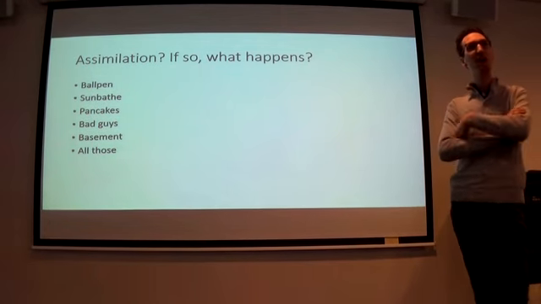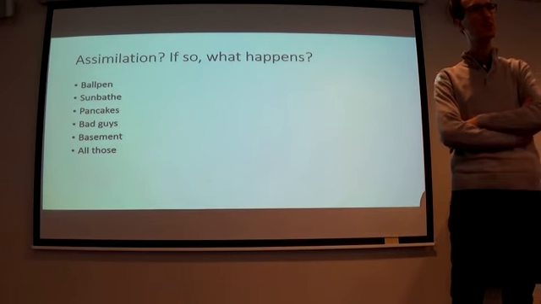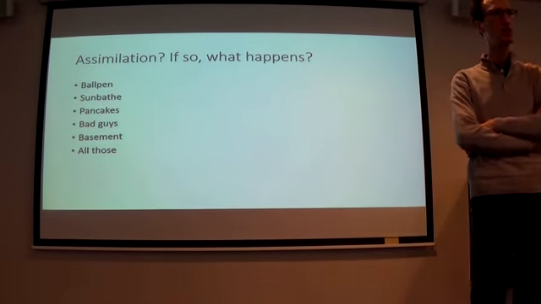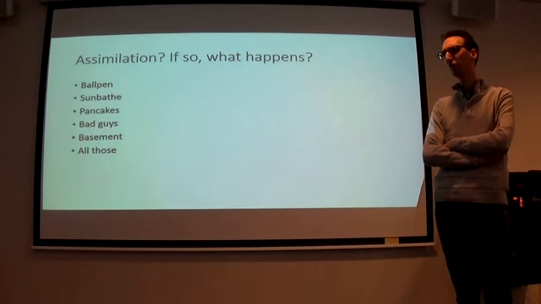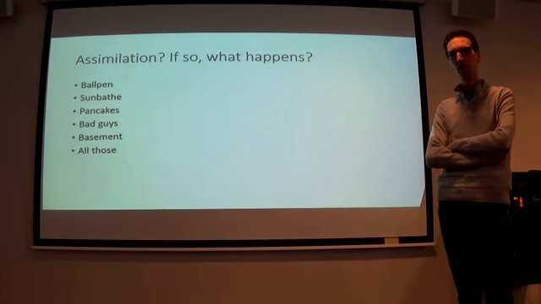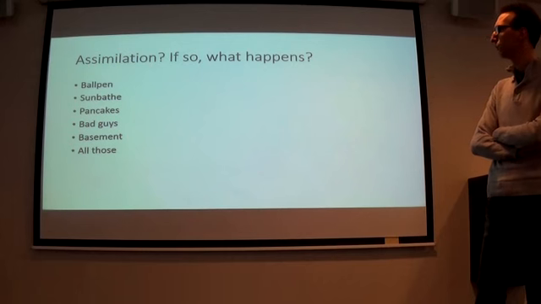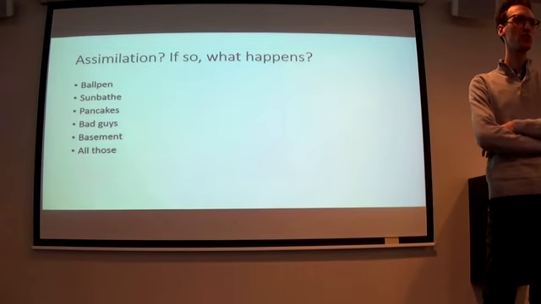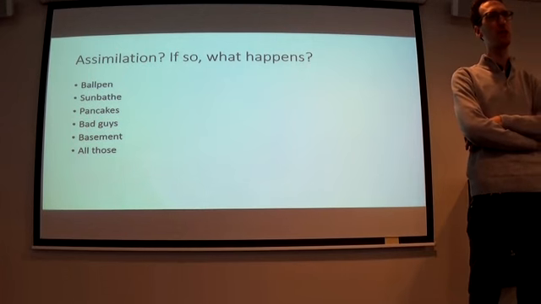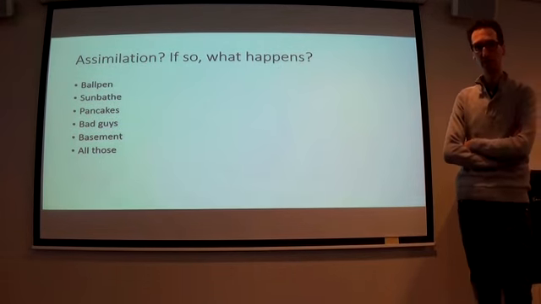But how do we identify assimilation? I'll come back to elision later on. We'll talk about assimilation first, because that's the most important part. Now here are a few words and phrases which either do have assimilation or don't have assimilation.